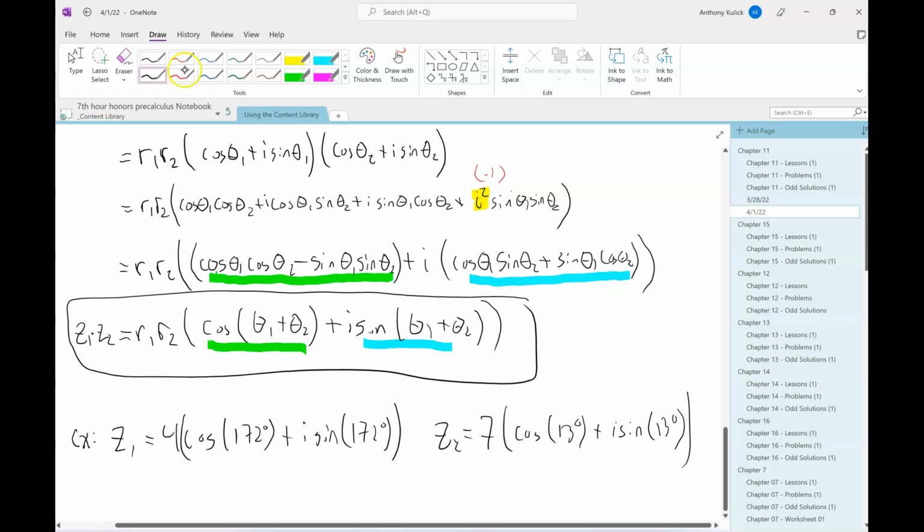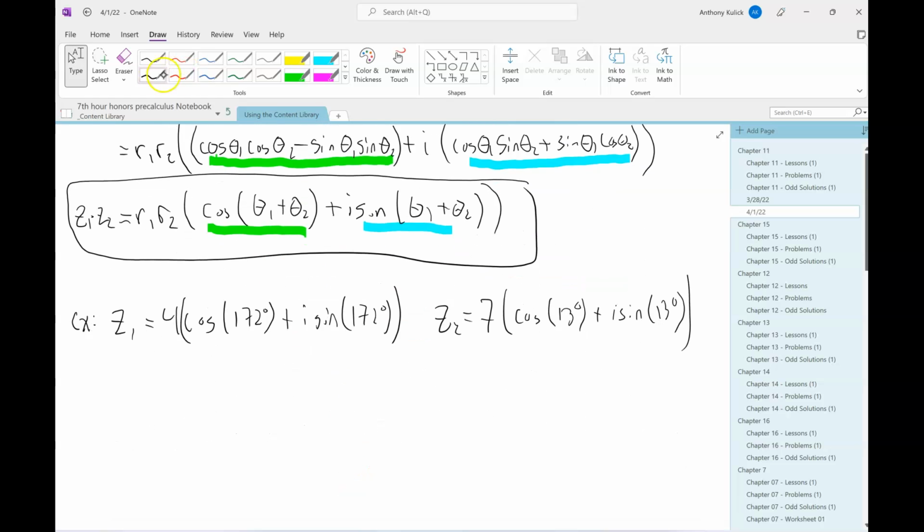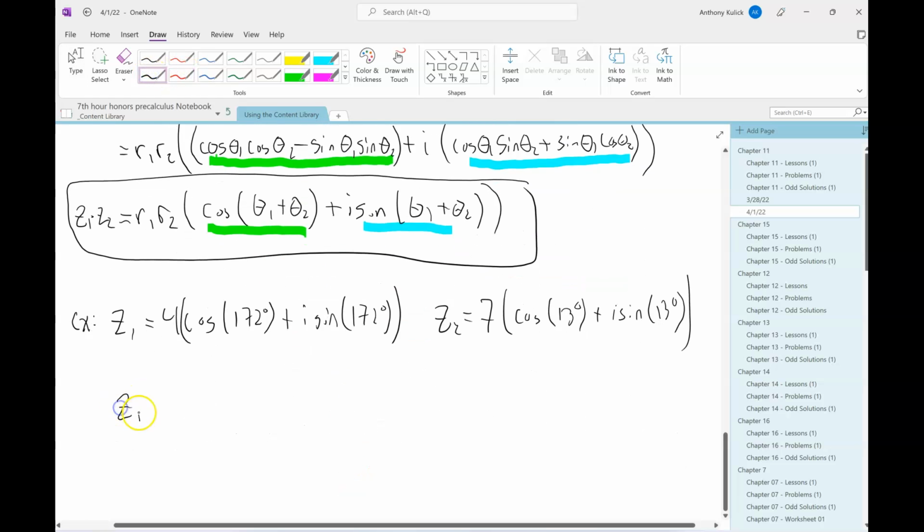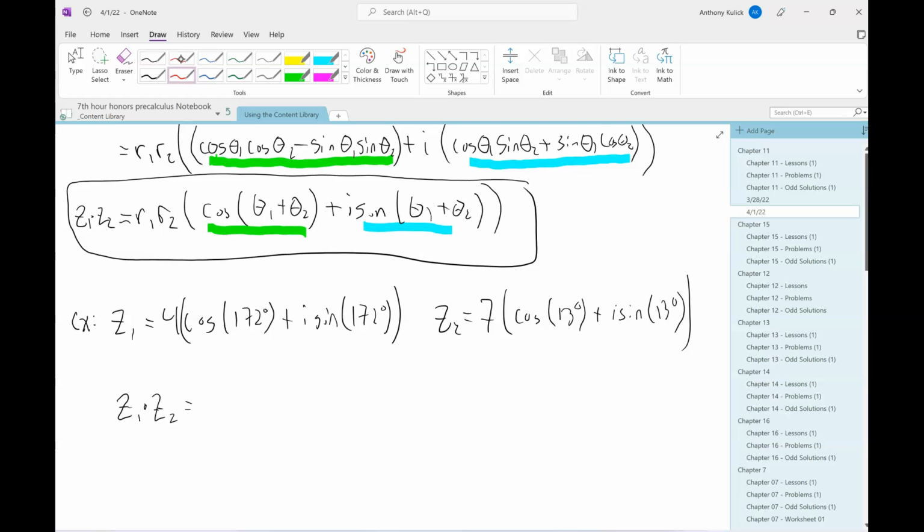All right, let's say we have Z1, which is 4 times cosine of 172 plus i sine 172. And we have Z2, which is 7 times cosine 13 plus i times sine 13. And we want to multiply these together.